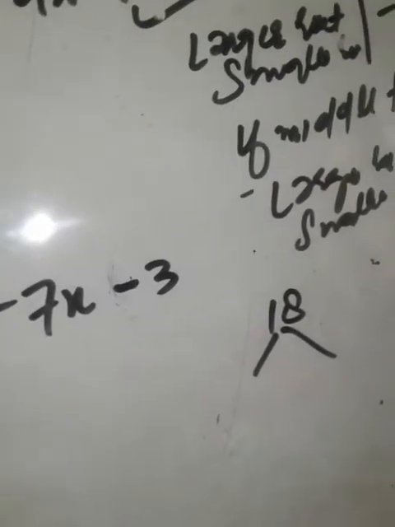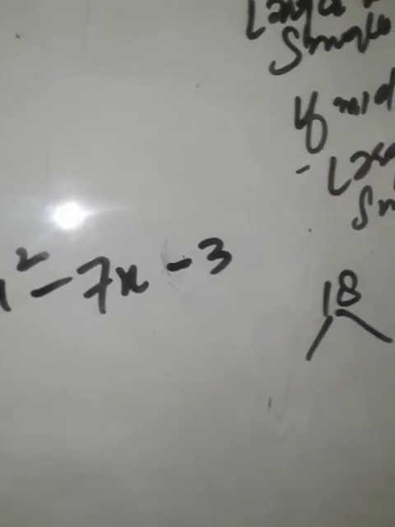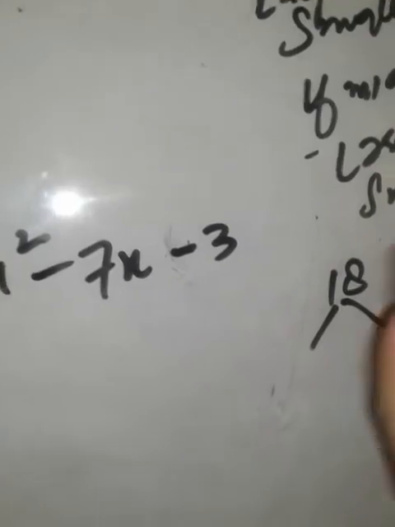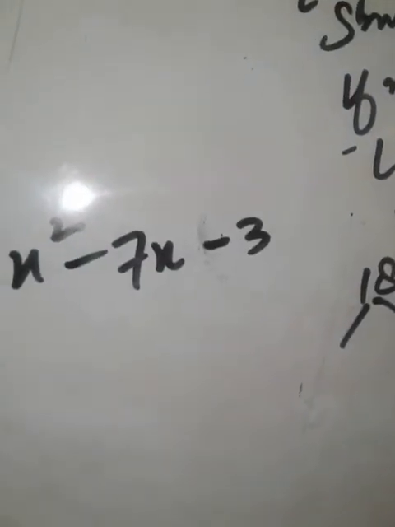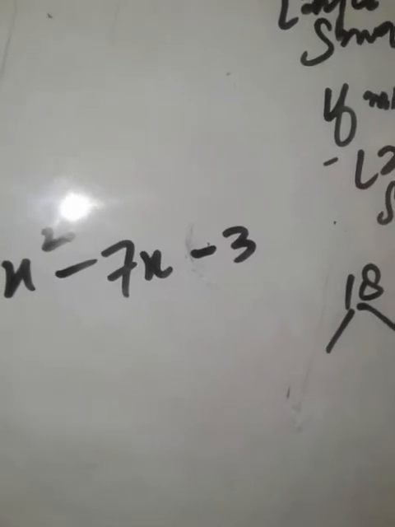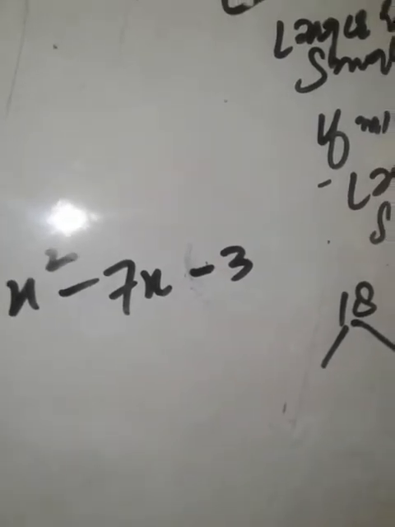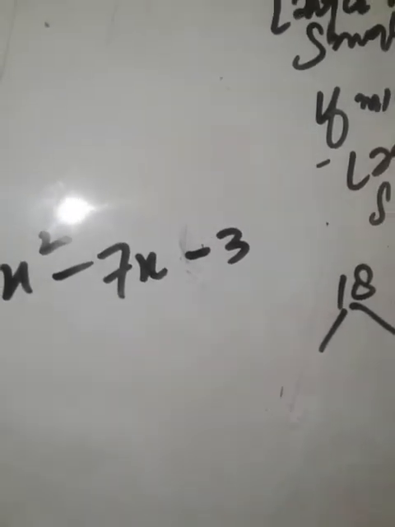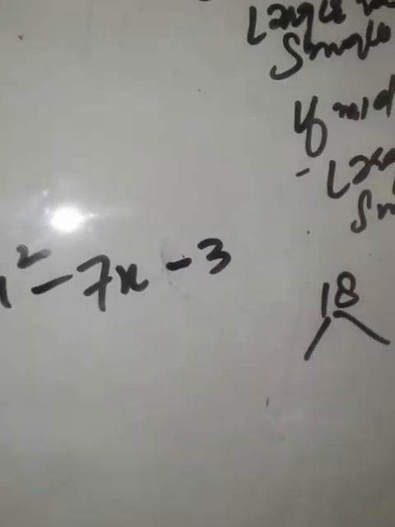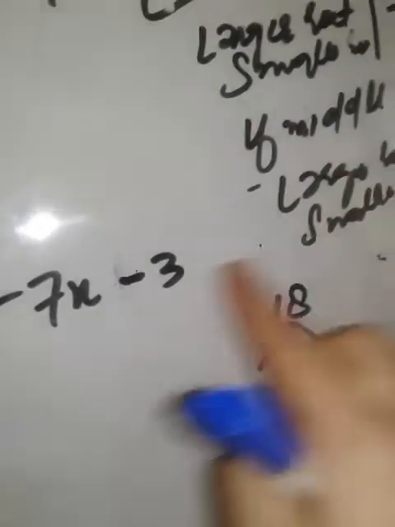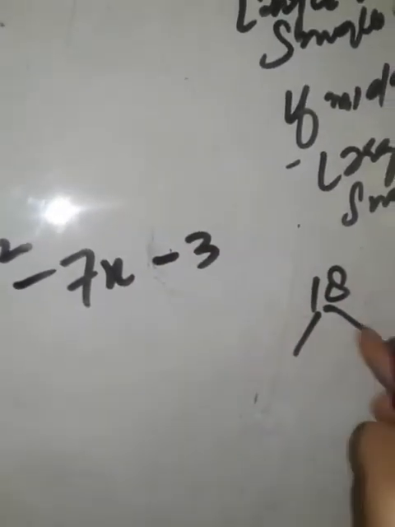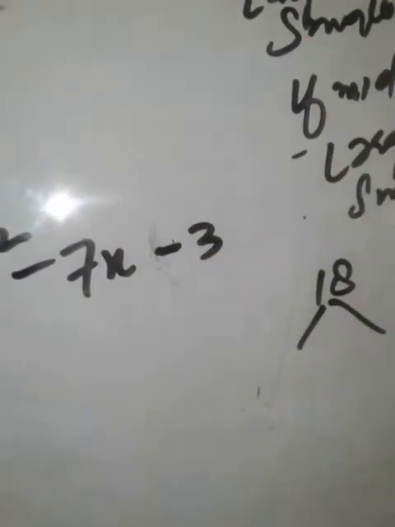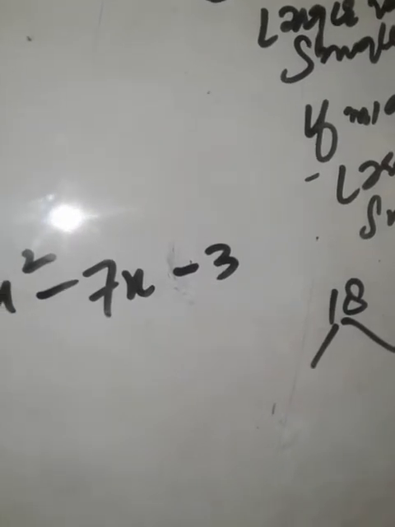Now split 18 into two numbers such that by adding or subtracting we get this 7, omitting signs for some time, unlike the conventional factorization method. This is simply 18, and you should split it so that you get 7, whether by subtracting or adding.